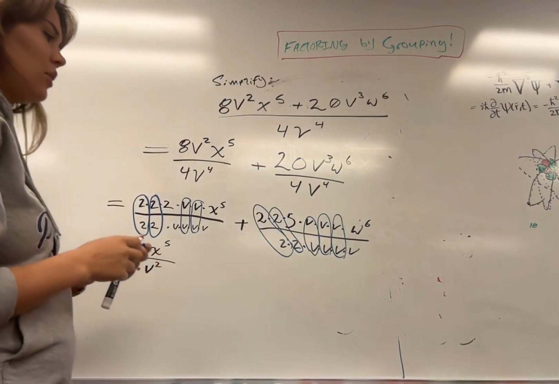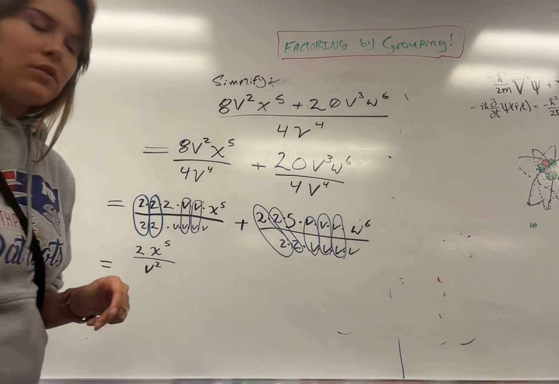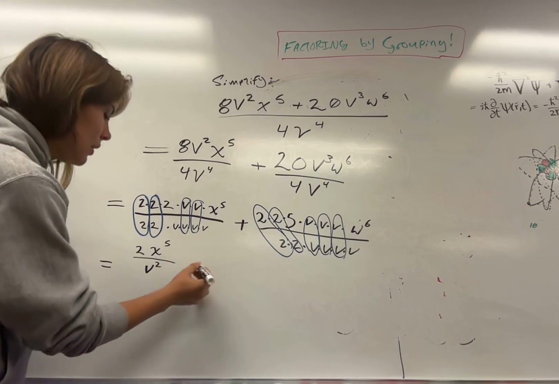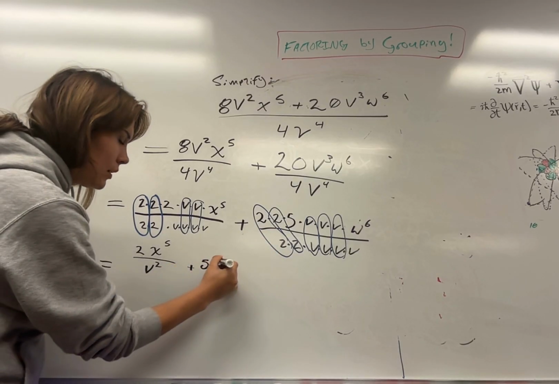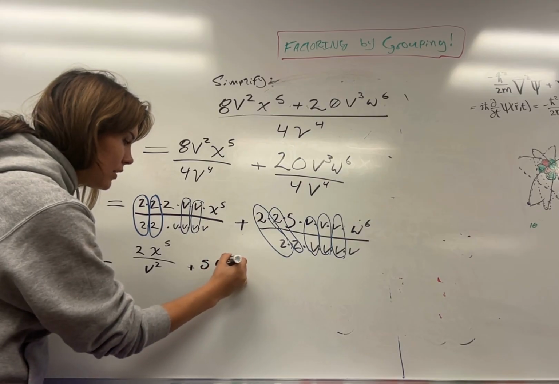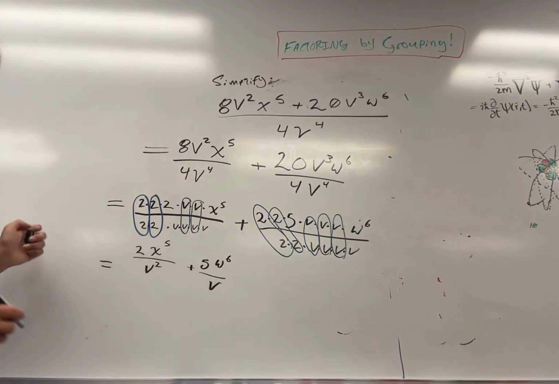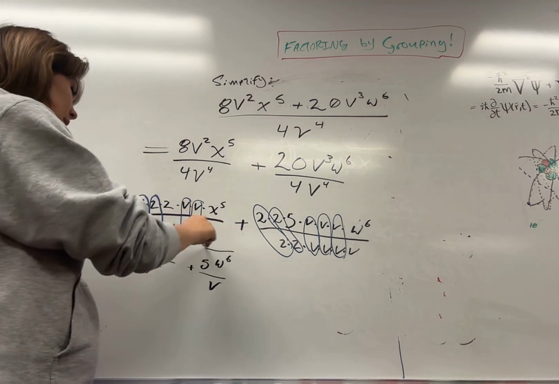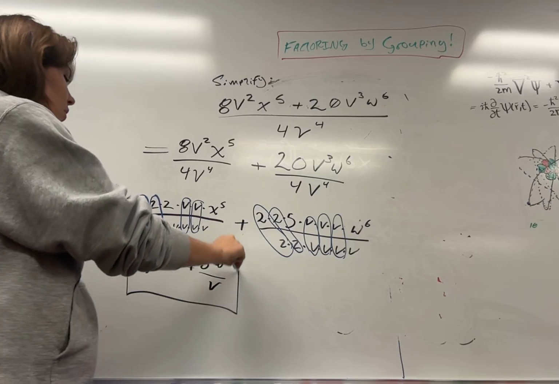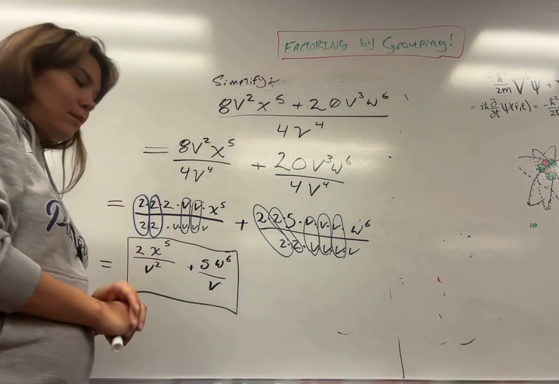We're left with 1 extra v on the bottom, a 5 on the top, and a w to the 6th on the top. So the second part is equal to 5 times w to the 6th divided by v. And that should be what they're asking for. I'm not 100% sure if that's what they're asking for. Let me know if you want it simpler or not, okay?